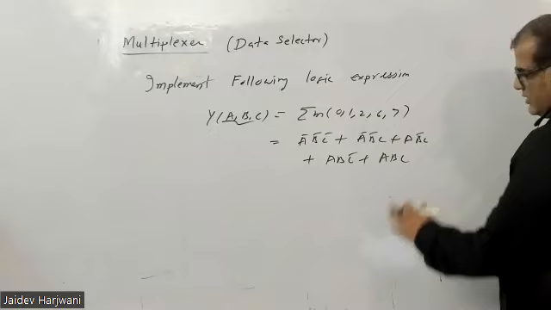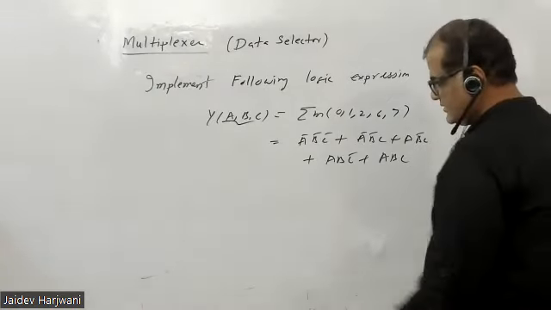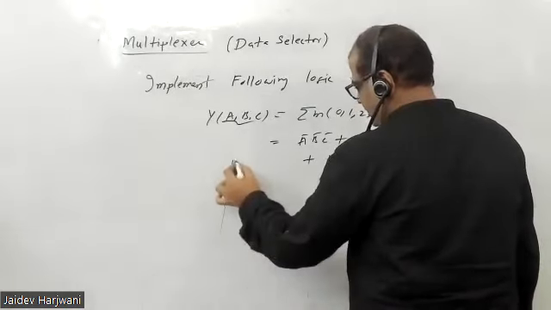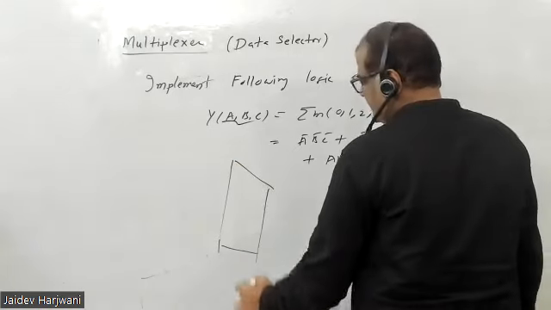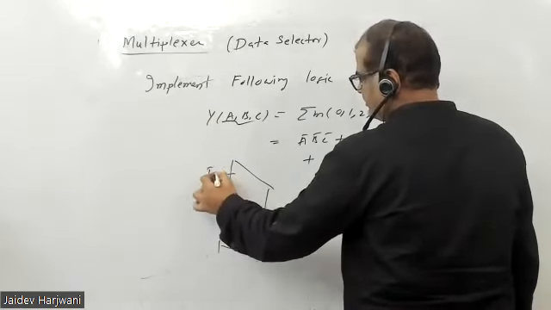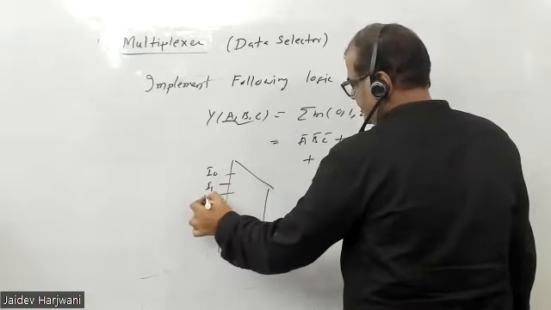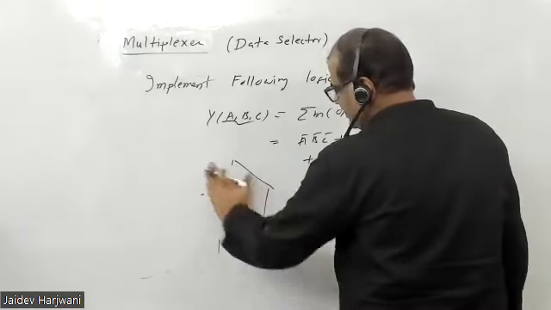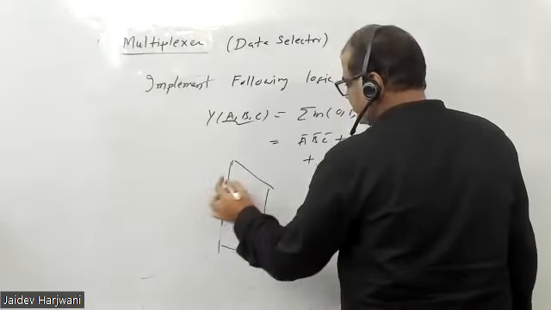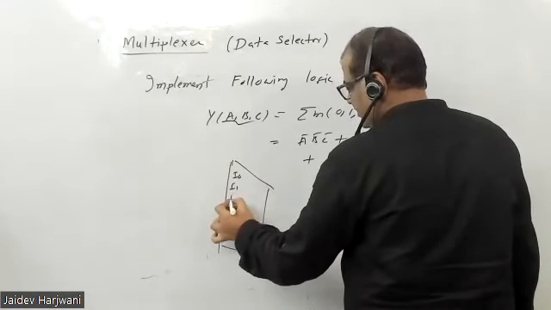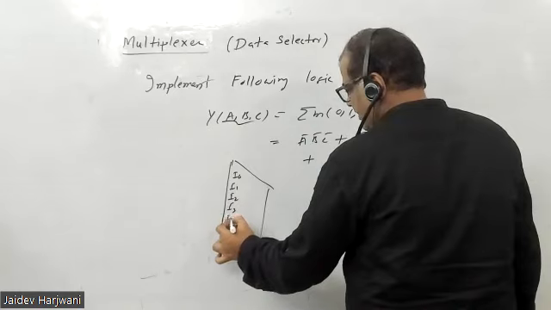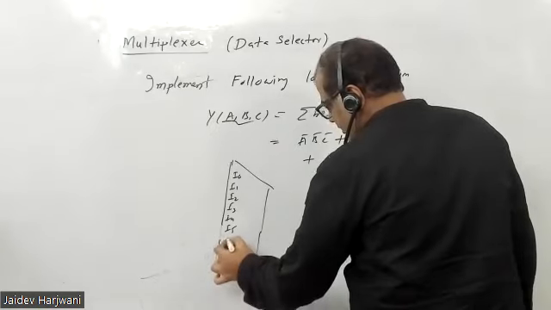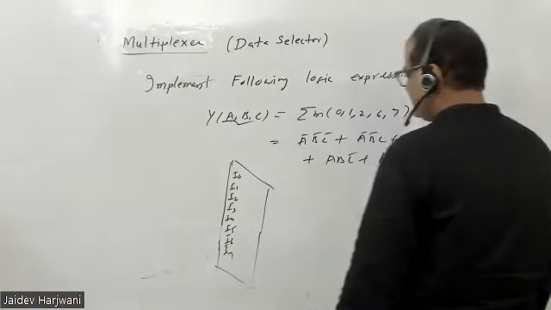This is my function. Now how to implement this function using a multiplexer? It is very simple. Whatever terms are present, you have 8 inputs: I0, I1, I2, I3, I4, I5, I6, I7. 8 states.